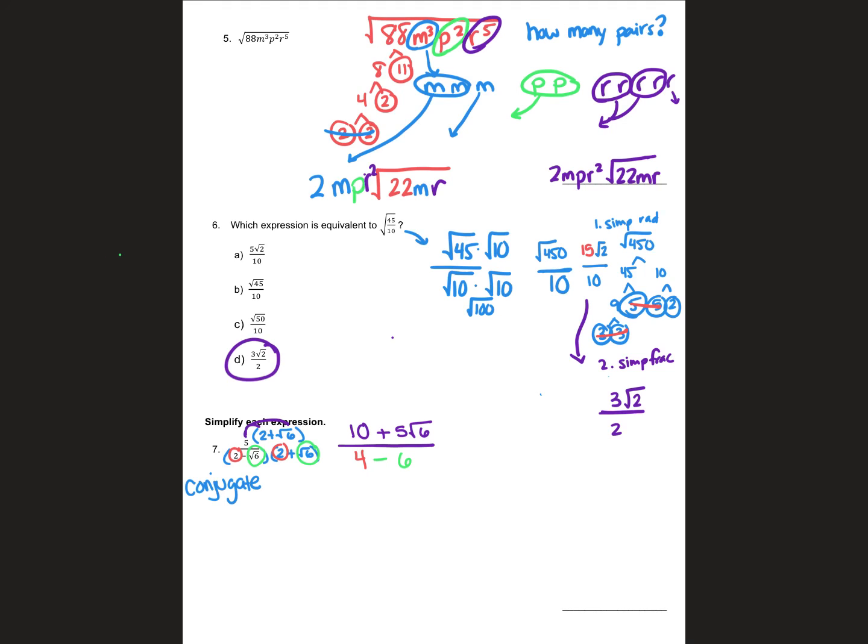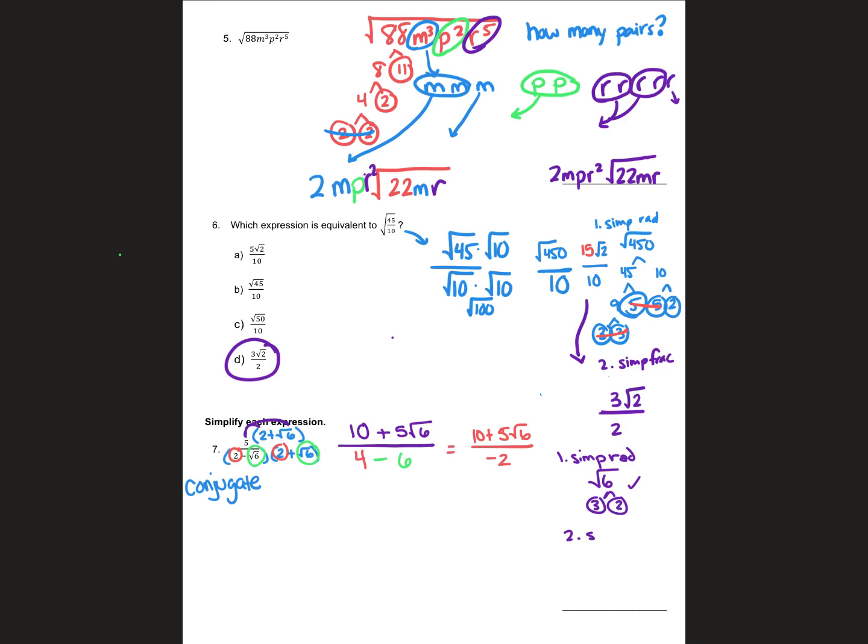So let me see what we have at this point in time. We have 10 plus 5 radical 6 all over 4 minus 6 is negative 2. There's two things that we have to check. One thing is you have to see if you can simplify the radical. Well, radical 6 only breaks down to 3 times 2. There's no pairs, so that's already simplified.